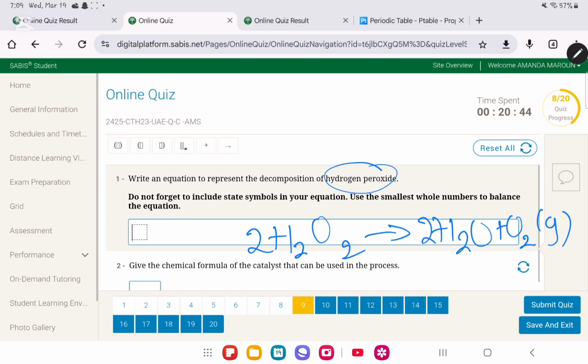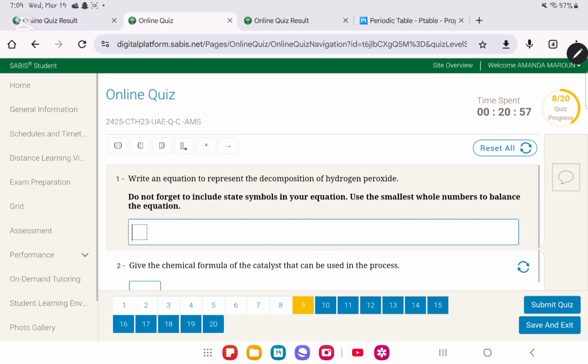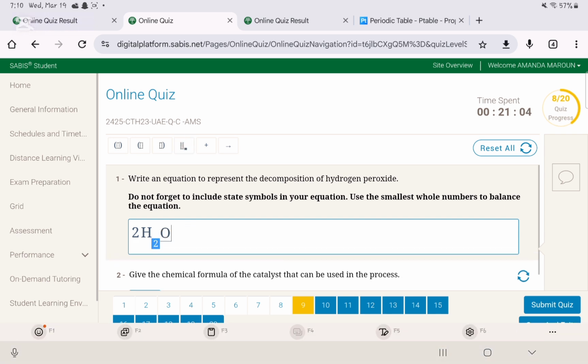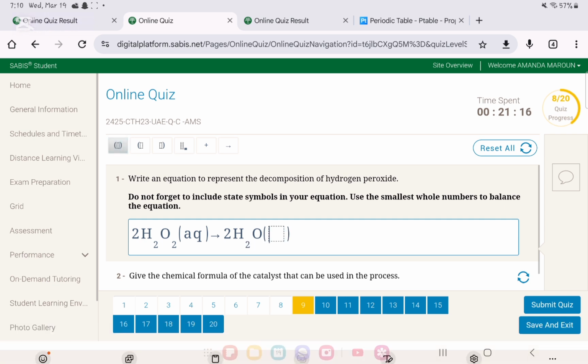But now we need to include the state symbols. H2O2 is always aqueous. H2O is liquid. And finally, O2 is just O2 gas. So what you're going to write is 2H2O2, aqueous, will decompose to form 2H2O liquid, in addition to O2 gas.